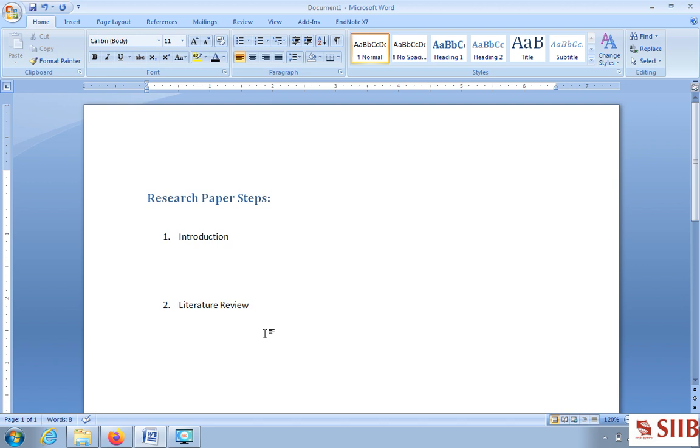By going through this literature review of different papers, one can get to know what actually is happening in that particular field, so that one can pursue his or her own research ideas and find the gaps in the literature review.